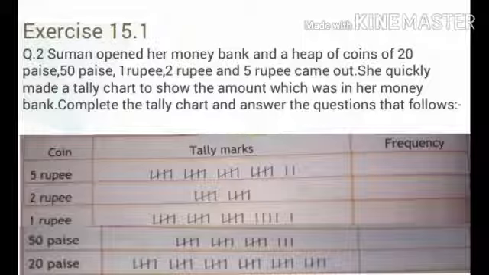Next, 20 paise. Count 5 plus 5, 10, 10 plus 5, 15, 15 plus 5, 20, 20 plus 5, 25, 25 plus 5, 30. So you will write here 30 in 20 paise. Clear?